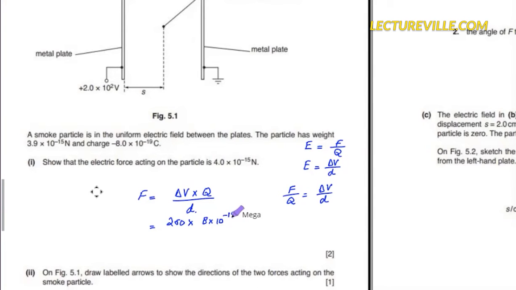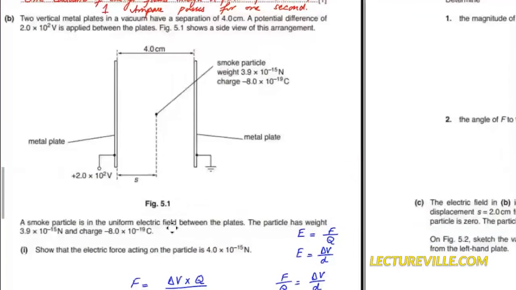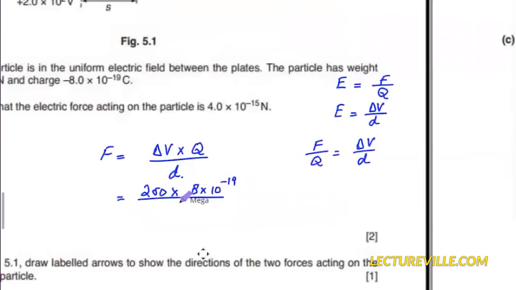The negative just shows that the force acting on the particle is opposite to the direction of electric field, divided by distance. What is the distance between the parallel plates? 4 centimeter. Now it is 4 into 10 to the power minus 2.